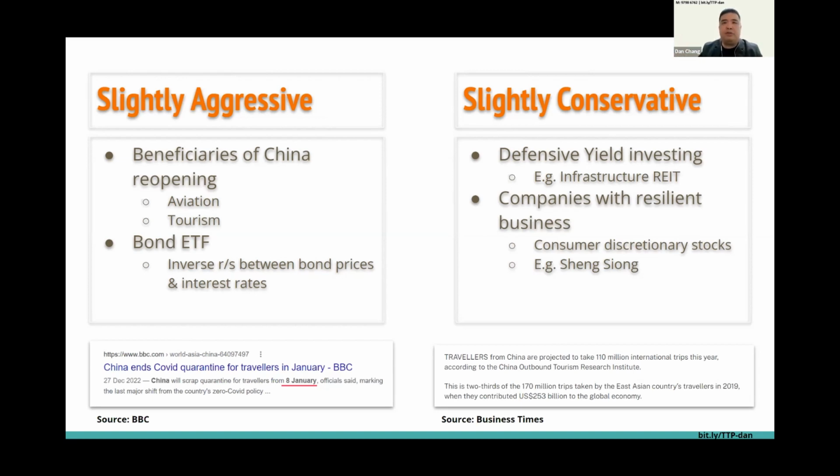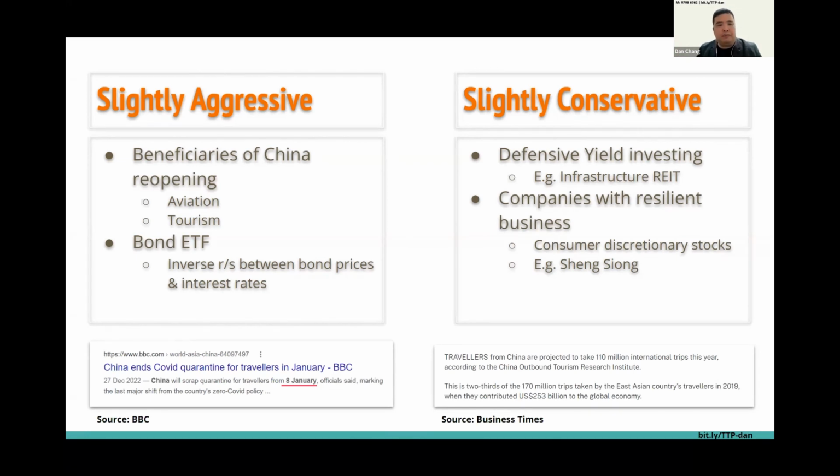Even their subsidiaries travel to the less touristy areas. So with China reopening, the aviation sector is one of the sectors that will really benefit.